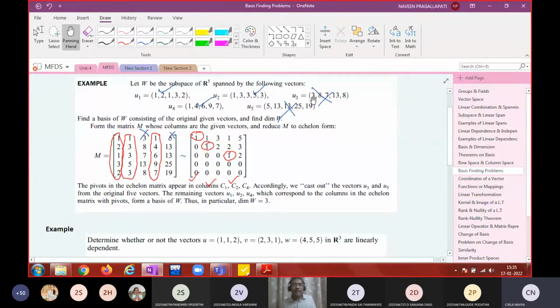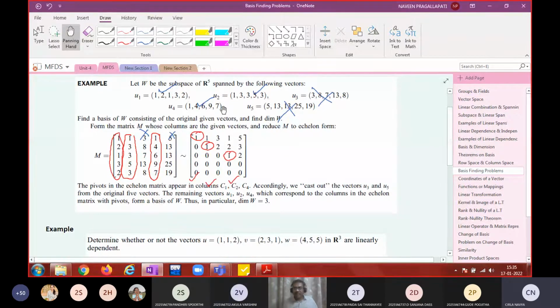These 4 are spanning but not a basis, because they are linearly dependent. So now do you understand the difference between spanning and basis? A set spanning the space doesn't mean that set is a basis. The set has to be linearly independent. Is it okay? Yes, sir.